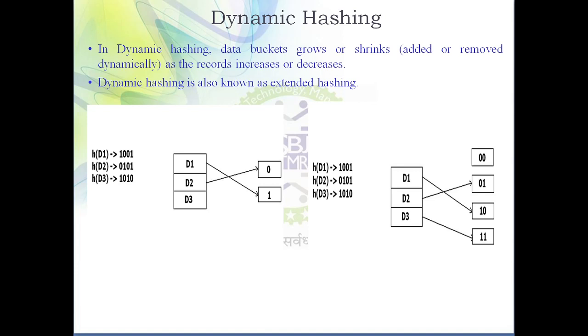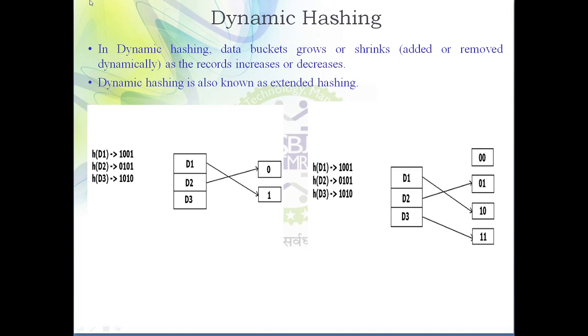That means if my database grows or shrinks, I can change the number of buckets accordingly. In static hashing there is a wastage of memory because the size of the bucket is fixed, so I face a problem if my database grows or shrinks. But in dynamic hashing, there is no problem, because the number of buckets can be changed.